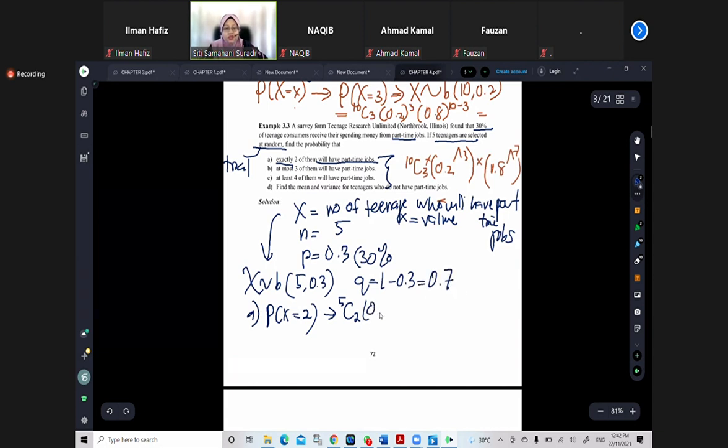So that means 0.3 to the power 2, and then Q 0.7, what, 5 minus 2, is it? Okay, calculate for me.